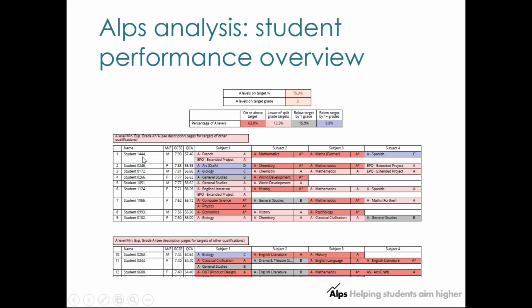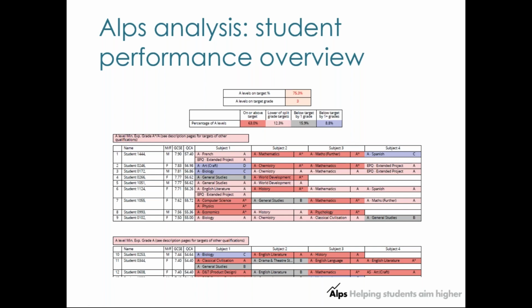So student 1444 was on or above target in maths and further maths, got the lower of split grade targets in French and EPQ, but in Spanish was below target by more than 1 grade.